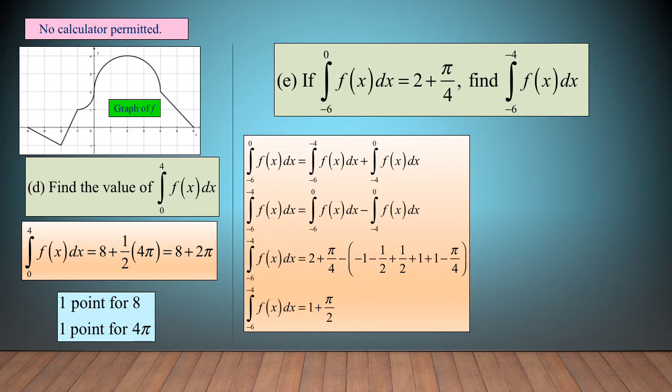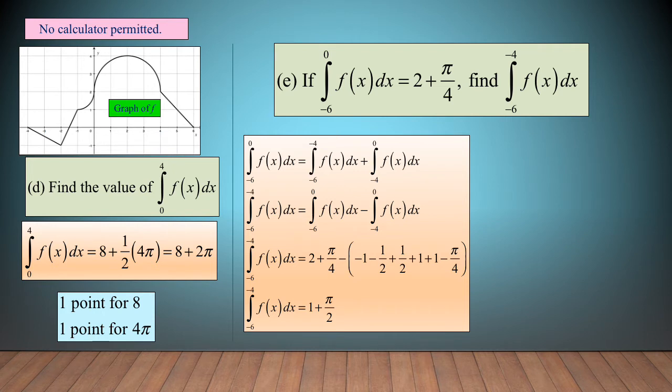So we know very little about what is occurring on the graph between -6 and -4. However, we can utilize the fact that the integral from -6 to 0 of f of x dx is equal to the integral from -6 to -4 of f of x dx plus the integral from -4 to 0 of f of x dx.